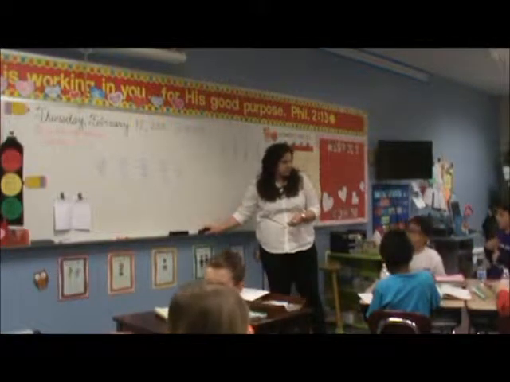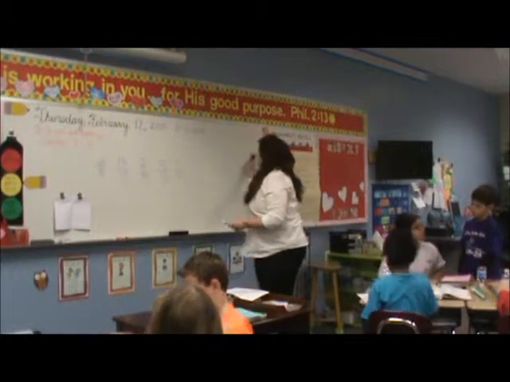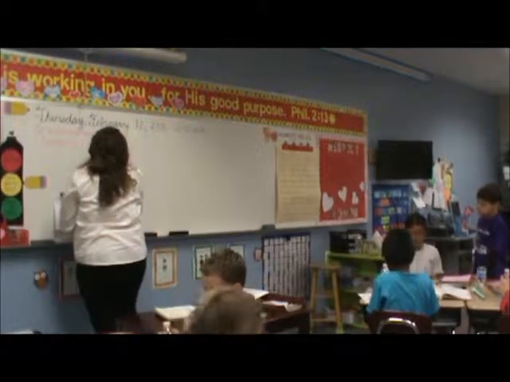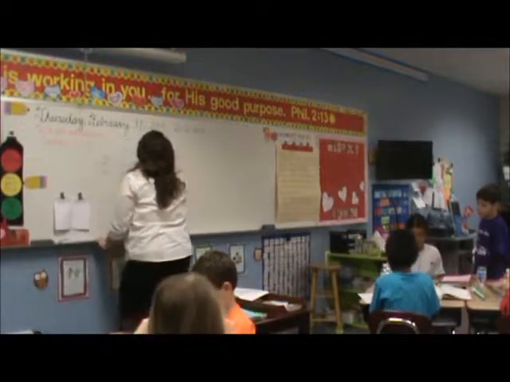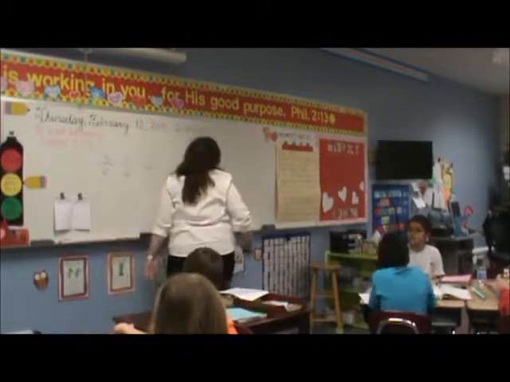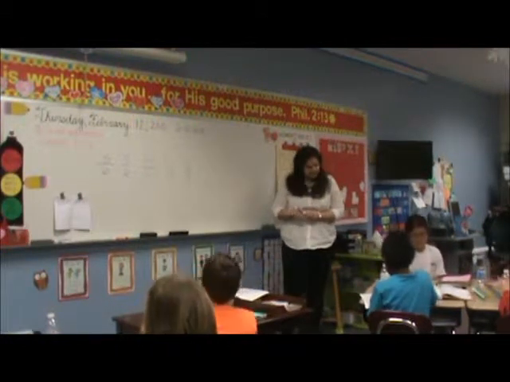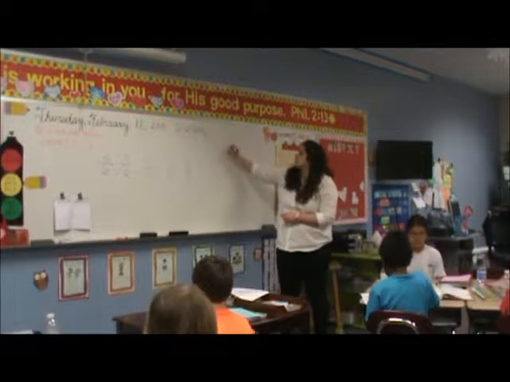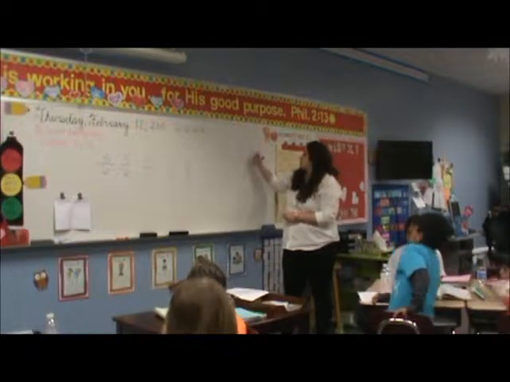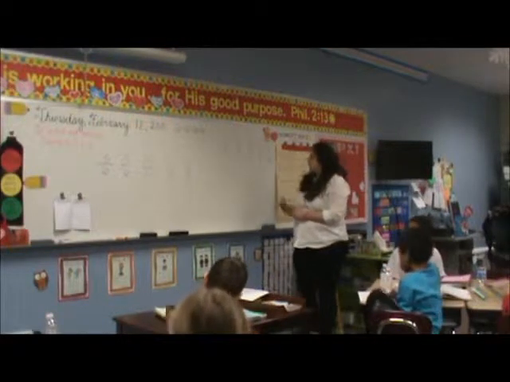And I'll say them in order. 3/6, 4/6, 5/10, 1/3, and 3/9. Okay. From least: 1/3, 3/9, 3/6, 5/10, 4/6.